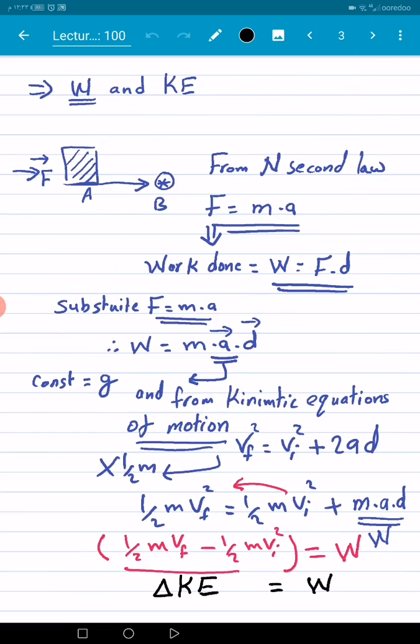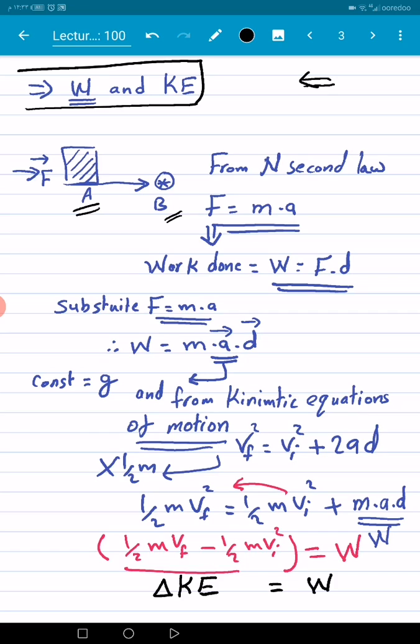Now our lecture discussed the work and the kinetic energy. If I have a box or an object, I want to move it from point to point. As we mentioned before, we need to apply a force.